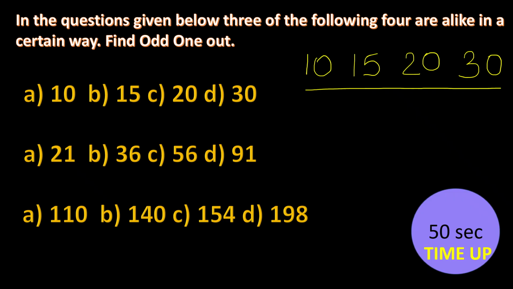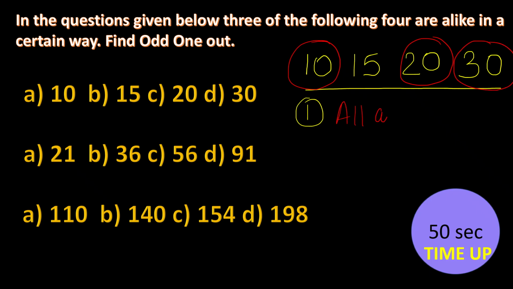So the first concept can be: if you take 10, 20 and 30, they all are divisible by 10. Only 15 is not divisible by 10.